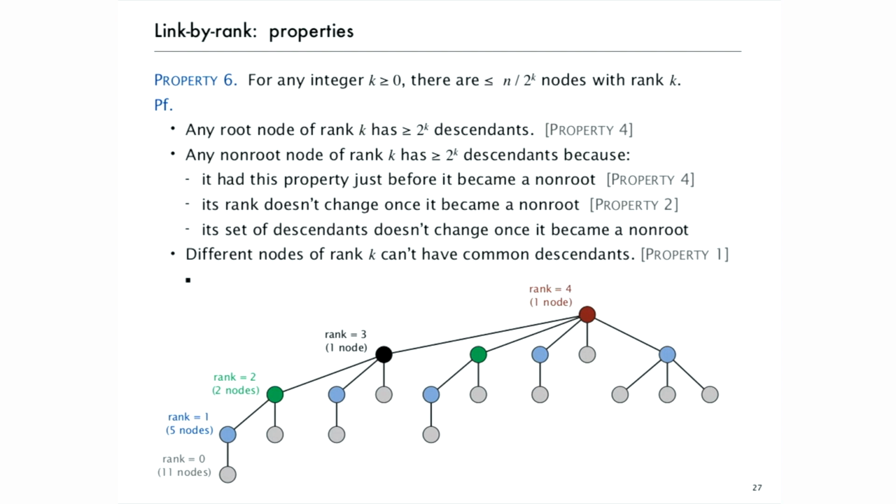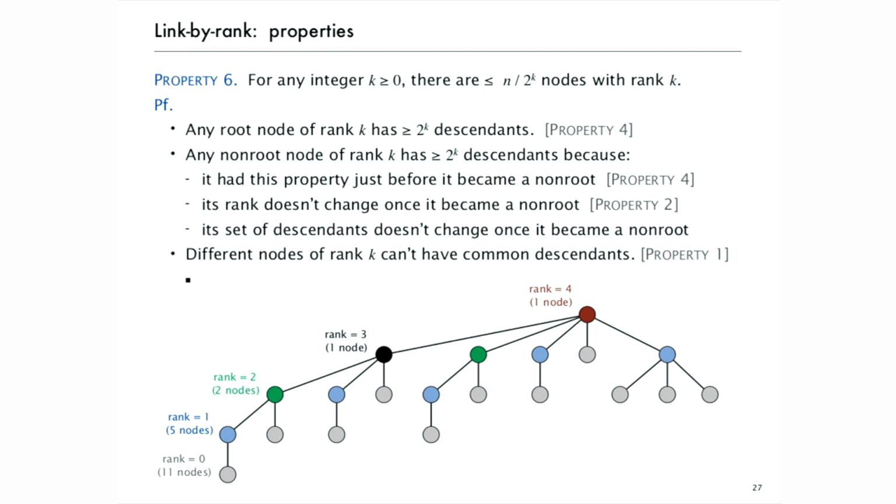And different nodes of the same rank can't have a common descendant. This is what I was trying to tell you. So suppose there are Q nodes of rank k.